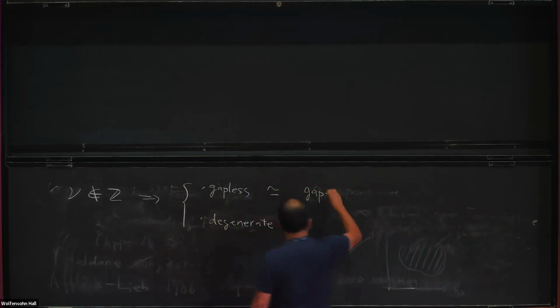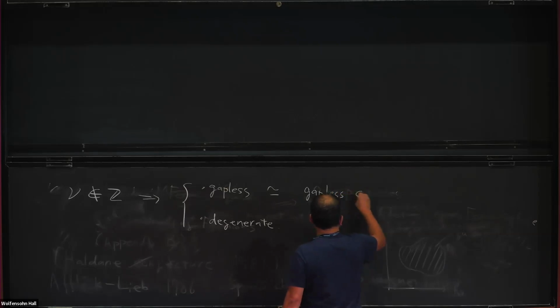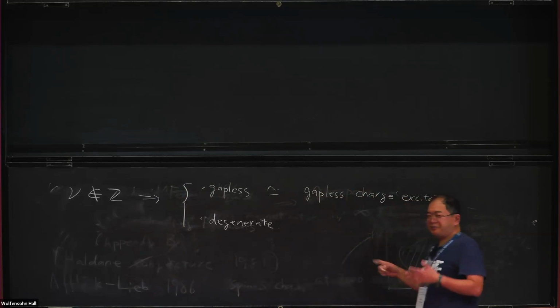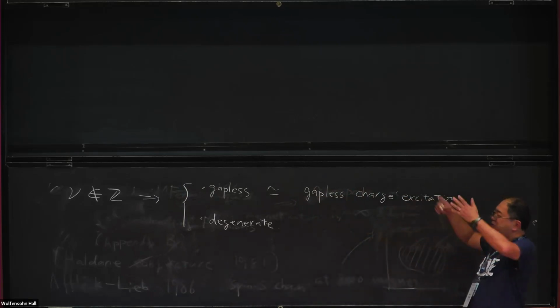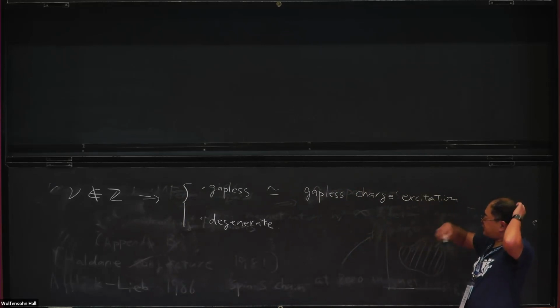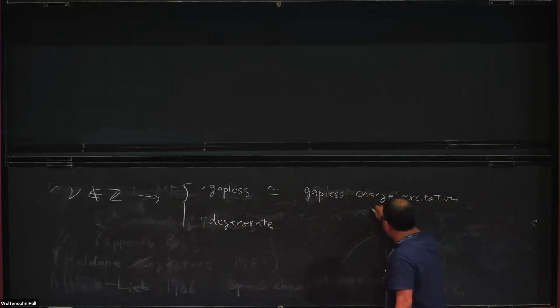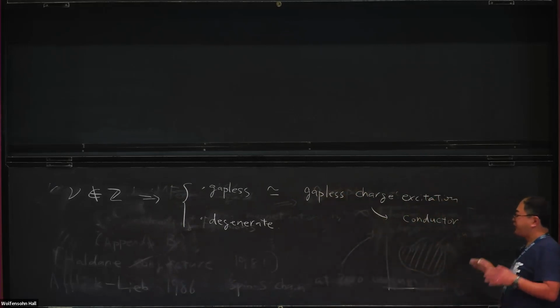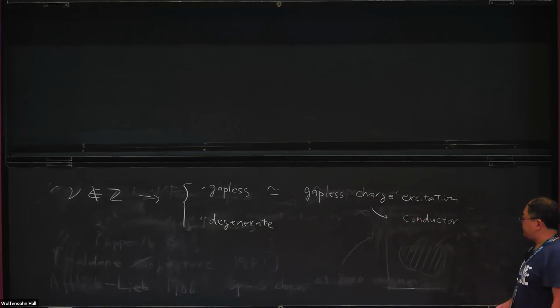Although there are many subtleties about this, if there are gapless excitations related to some kind of charge degree of freedom, then the system is likely to be a conductor. This part is not quite rigorous, but I think it's natural to expect this.